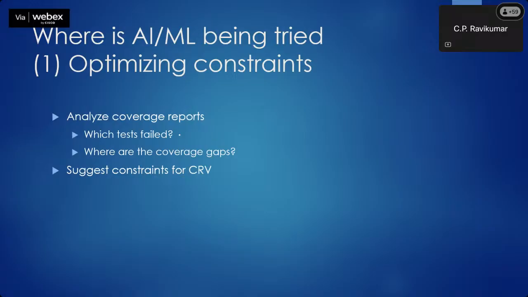So today, going through all the reports is a human thing, right? Human beings are doing it, but it is something that the AI can possibly do. And similarly, with where the gaps are, right?